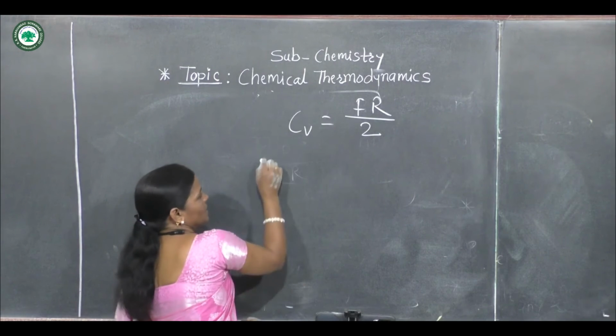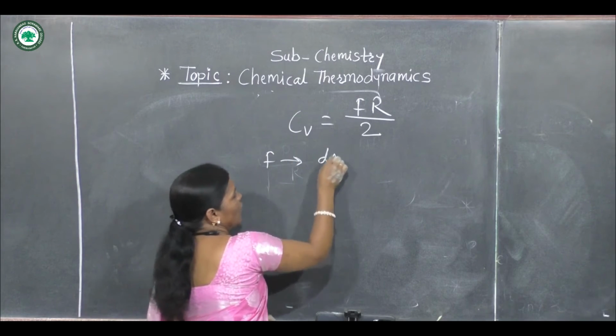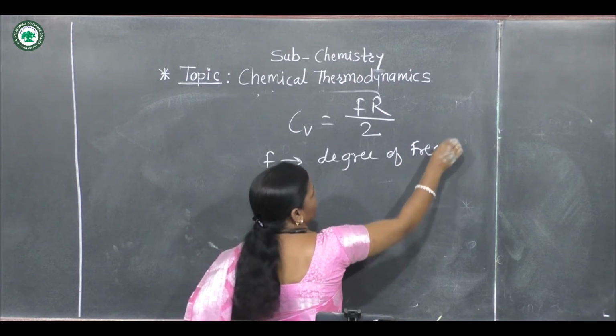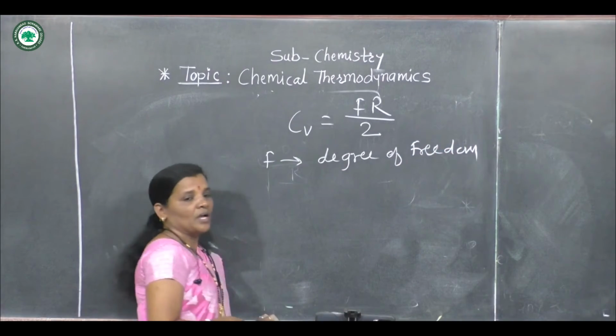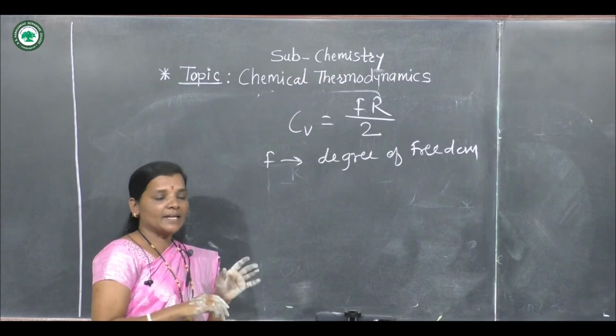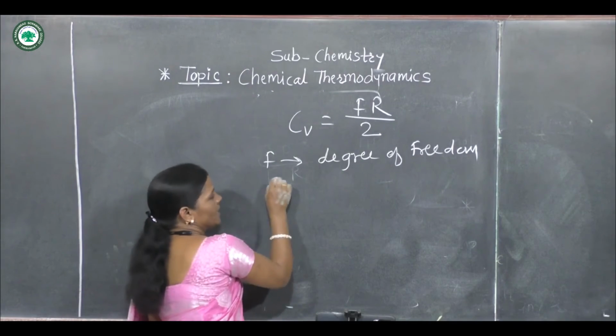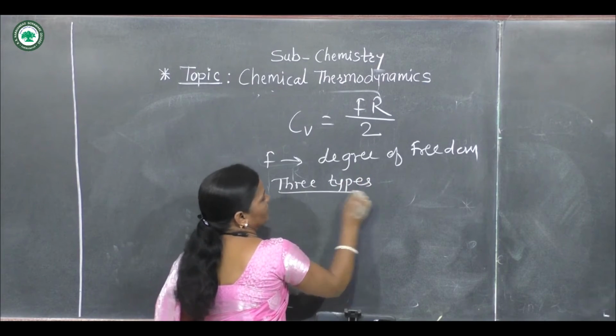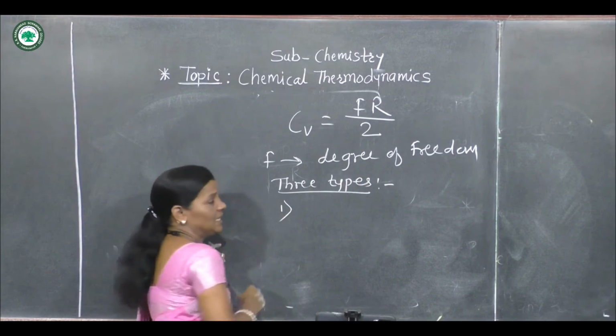Now what is meant by this F? That is degree of freedom. Now this degree of freedom is mainly of 3 types, which we'll see here.